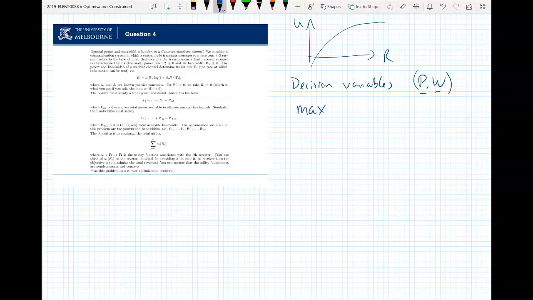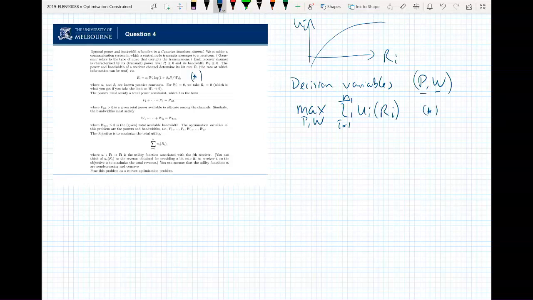So in this case, I want to show that the utility of R is concave. Max over P, W of the sum over all the channels, i equals 1 to N, of Ui of Ri. Maybe each Ui is different. This is the more general formulation, with Ri given by this, right?